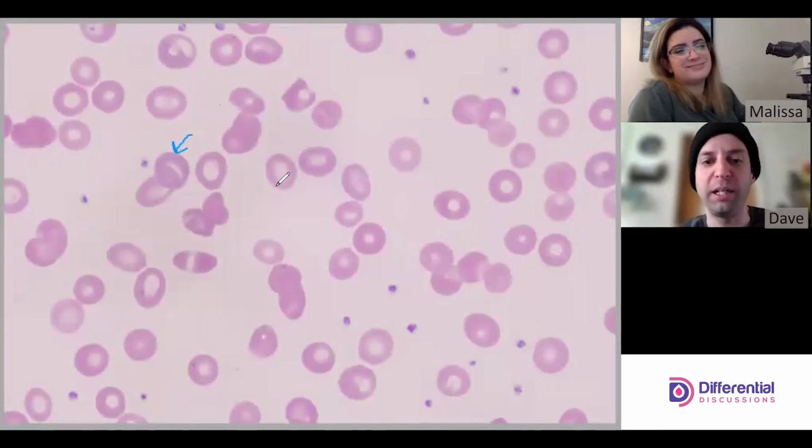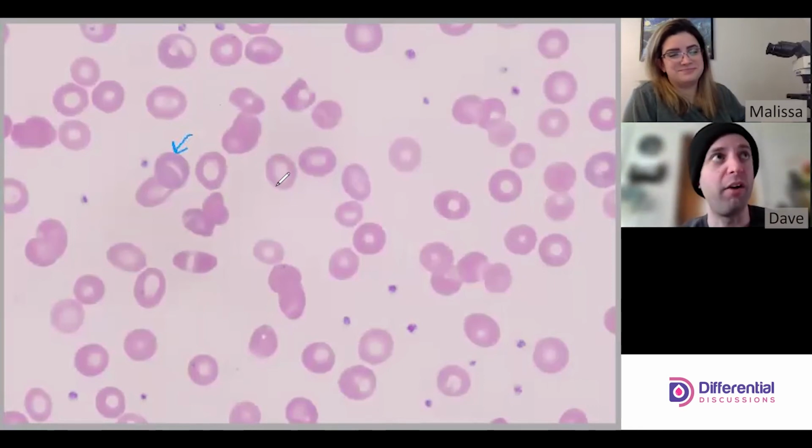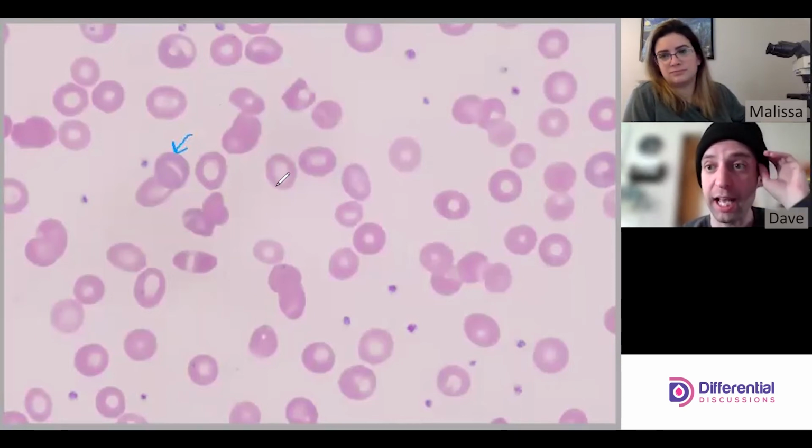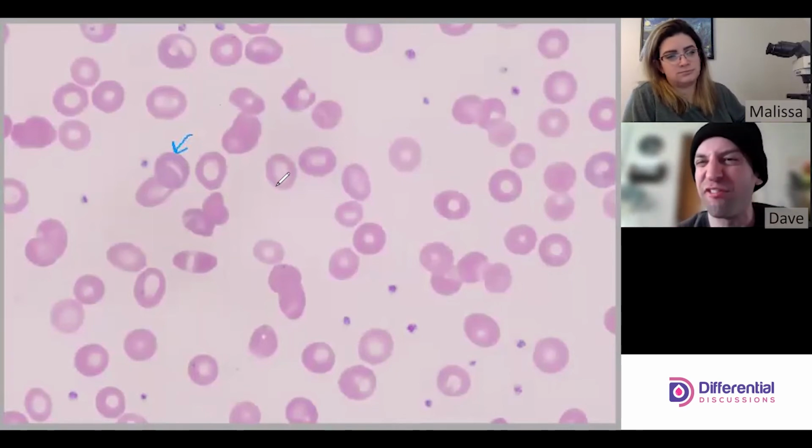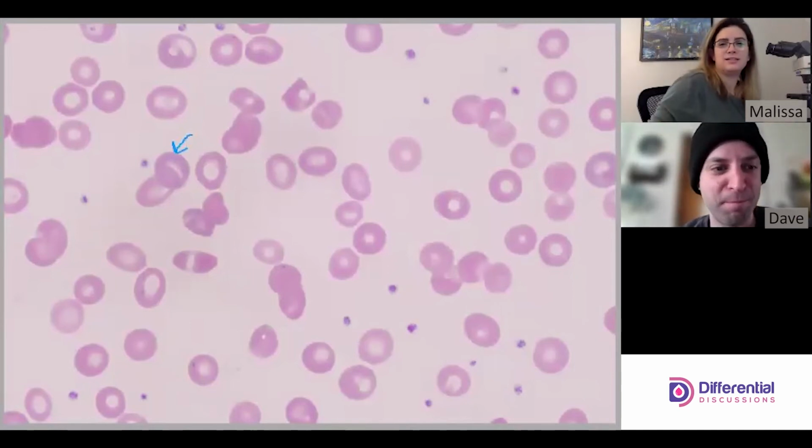So be careful to think about the physical forces on the cell. I would say this stomatocyte is an artifact of its physical circumstance. Don't call them stomatocyte.